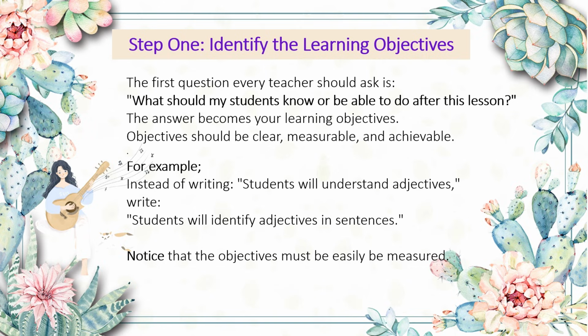Objectives should be clear, measurable and achievable. For example, instead of writing students will understand adjectives, we can write students will identify adjectives in sentences. Notice that the objectives must be easily measured.